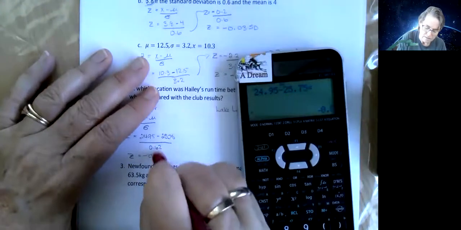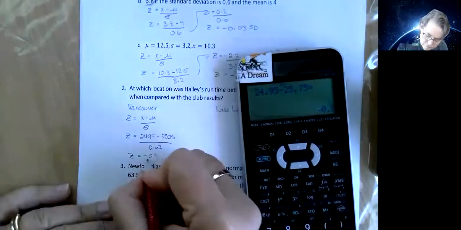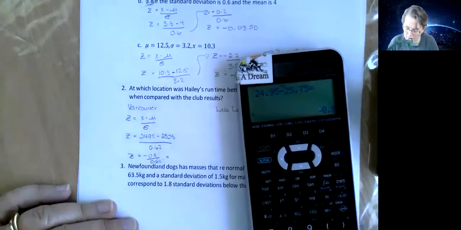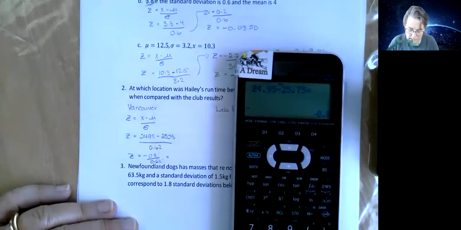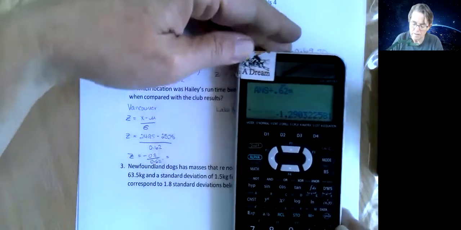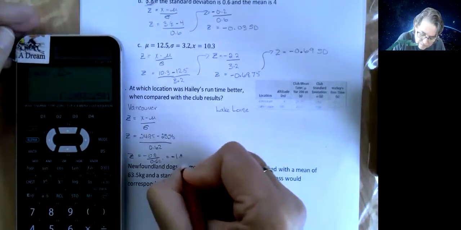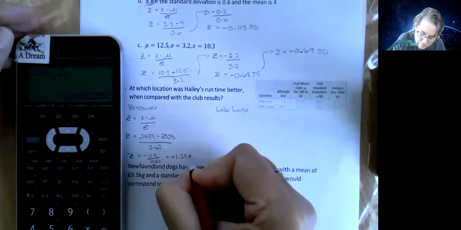That doesn't look nice. All right, so negative 1.29 standard deviations.